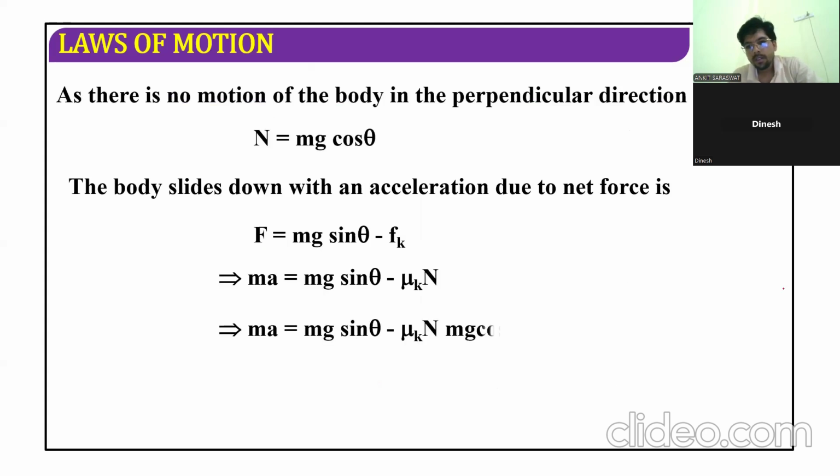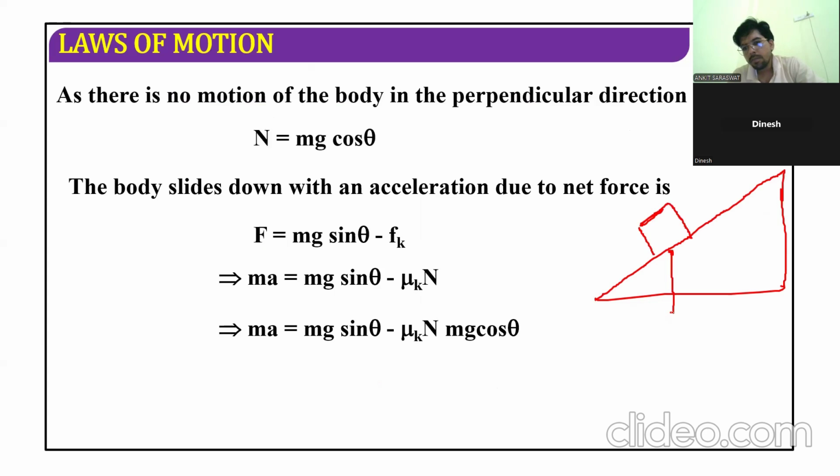See, this is the inclined plane, and this is the object.